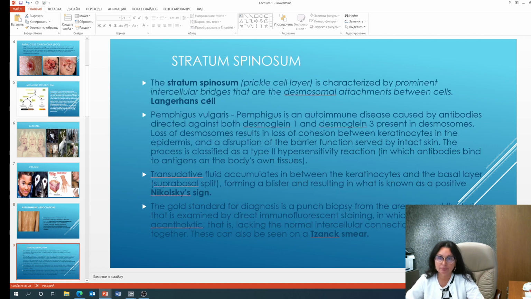Stratum spinosum, we discussed it. The stratum spinosum, the prickle cell layer, is characterized by prominent intercellular bridges, which are desmosomal attachments between cells, and Langerhans cells. Pemphigus vulgaris is a disease.